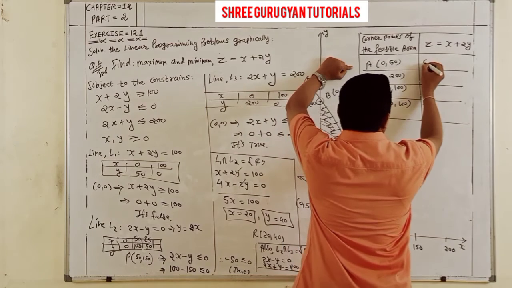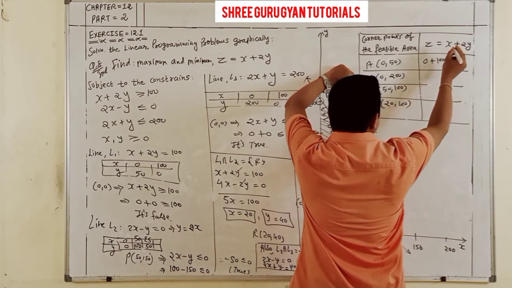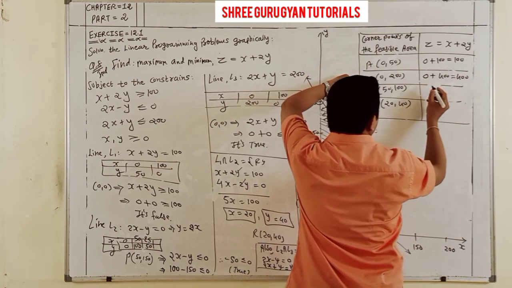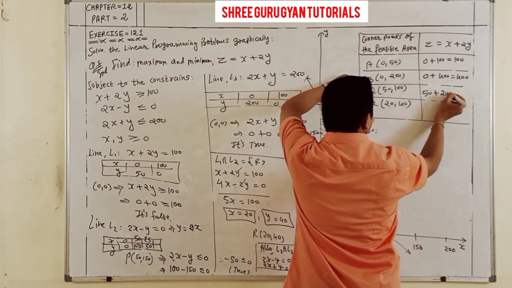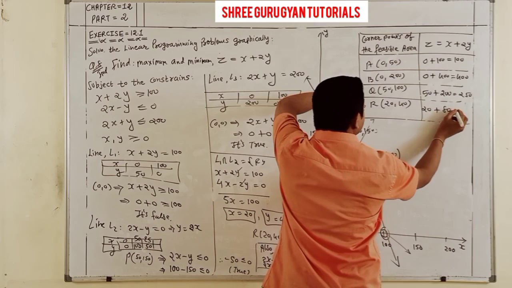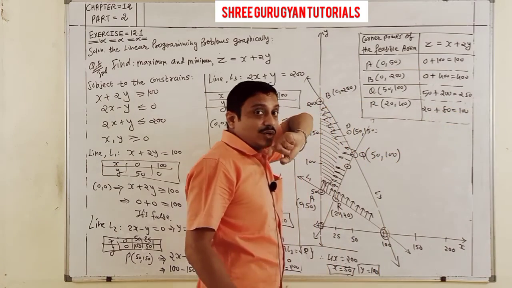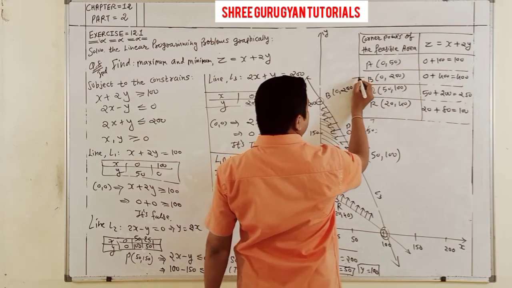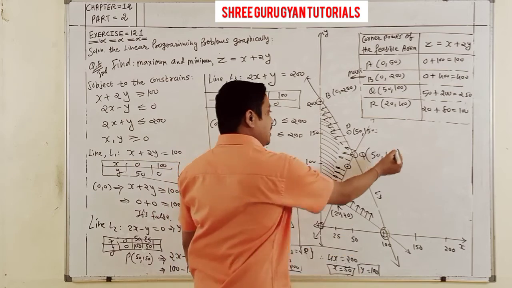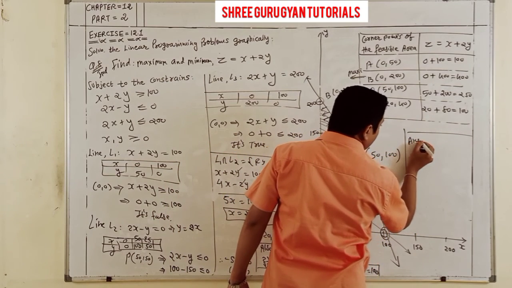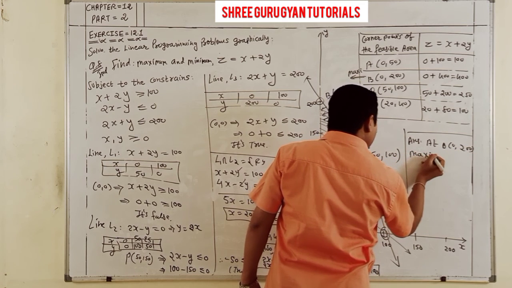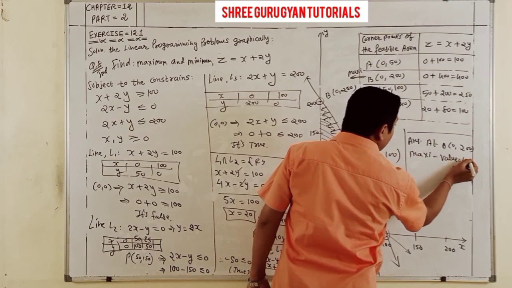Here 0, here 100, second 0 but 400. Next will be going to 50 plus 200, which is 250, and last 20 plus 80 is 100. It means the maximum value is at B. Yes, so my last answer: at B 0, 200 maximum value, it becomes 400.